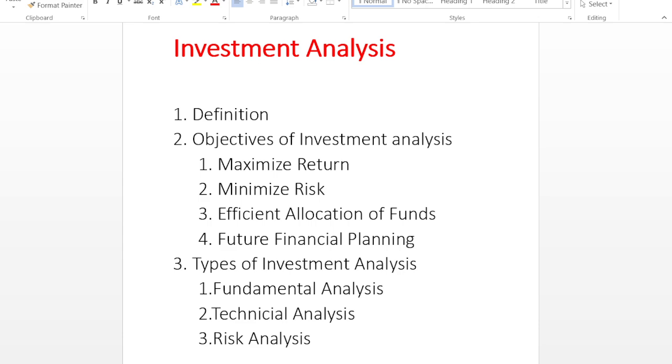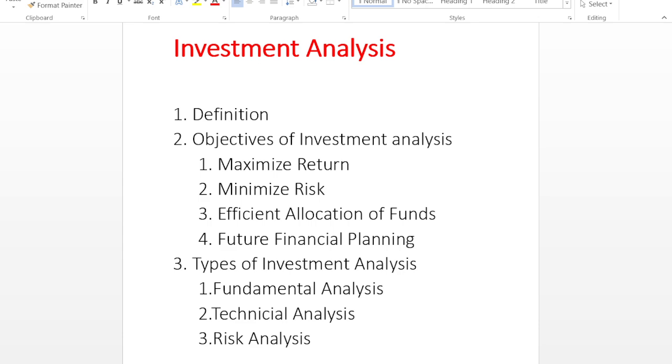Third one, efficient allocation of funds. When you are investing the money, you have to think about the productivity opportunities, and how much you want to allocate in a particular area. That is also one of the major aspects of investment analysis. Fourth one, future financial planning, nothing but long term goals like retirement, expansion, or asset growth.